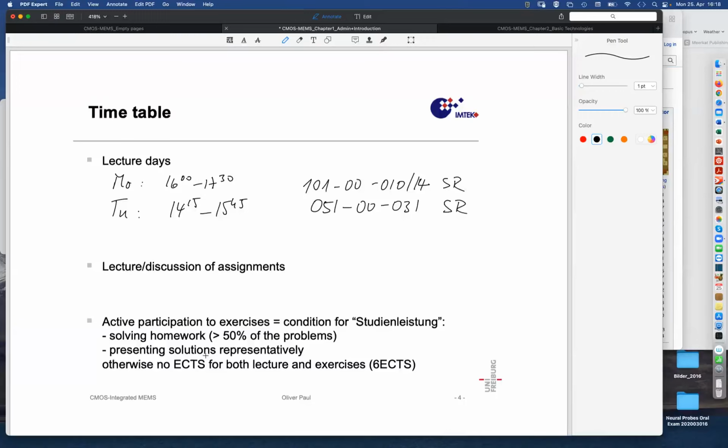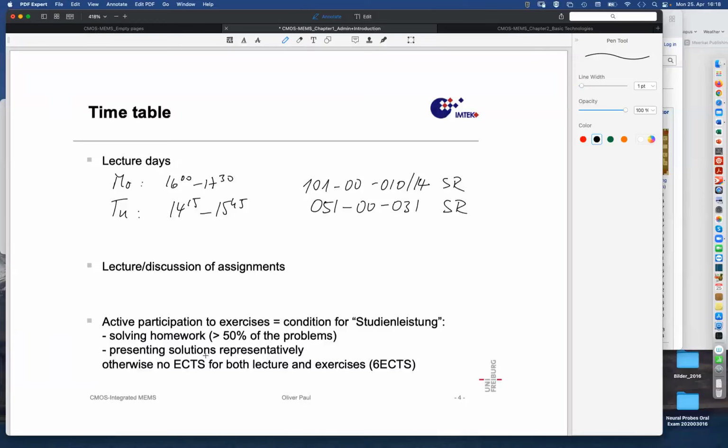So with one break, we have 13 weeks of teaching this semester. Then you have your examinations and preparation time and so on. Usually I do the examination in September, and that will be an oral exam. So no written problem solving. It's checking whether you got the ideas, the understanding.